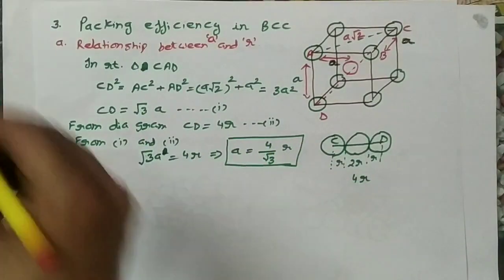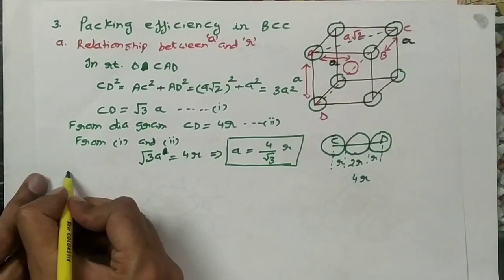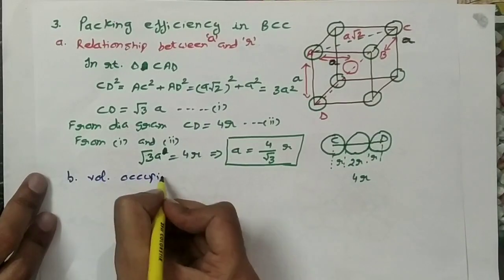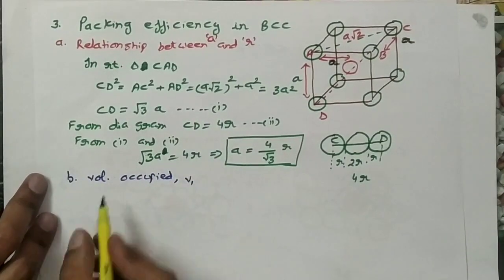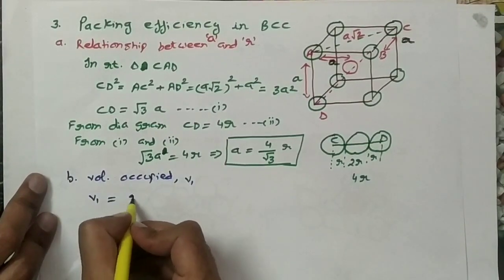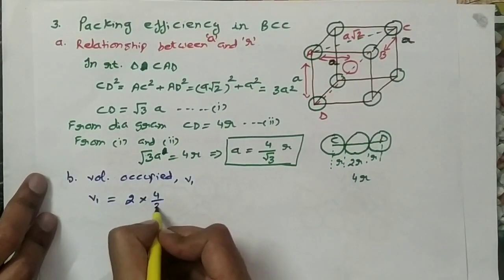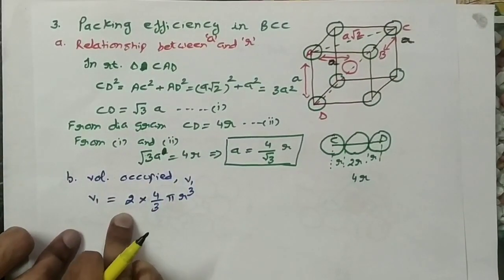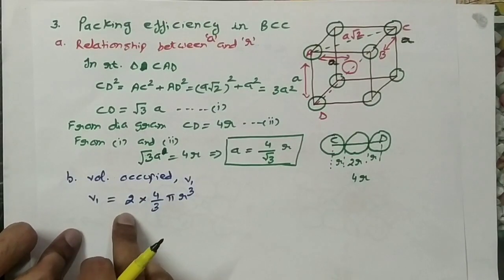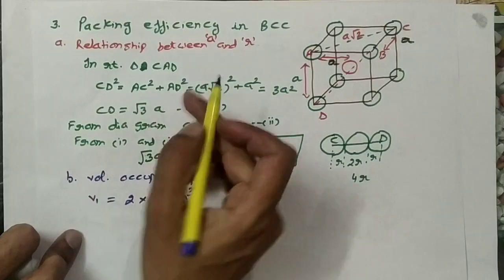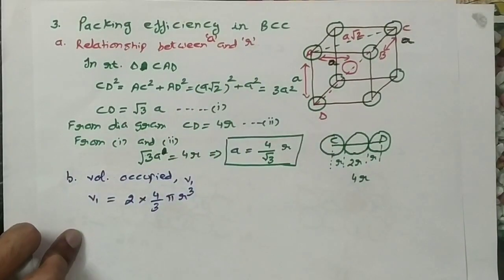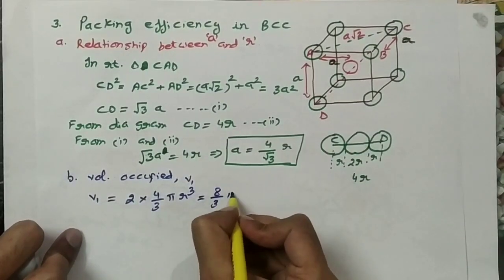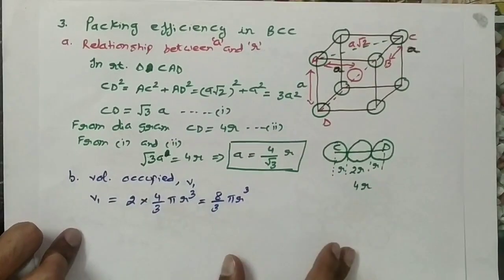Okay. Next is volume occupied. B is volume occupied by the atoms, that is V1, and V1 is equal to 2 into 4 upon 3 pi r cube. Where did 2 come from? Because 2 atoms are present per unit cell in case of body-centered cubic arrangement. So it is 8 by 3 pi r cube.